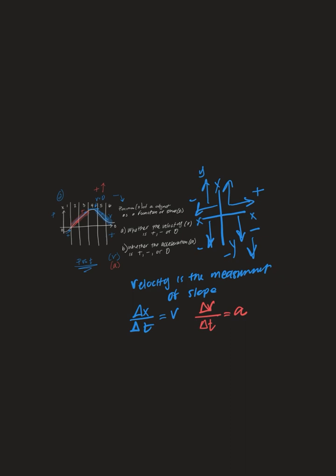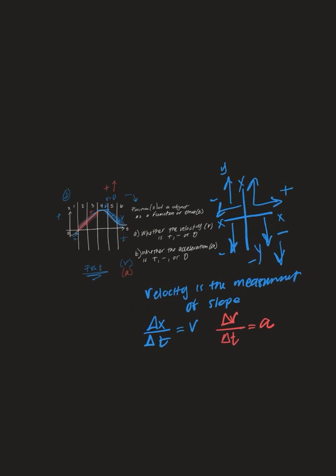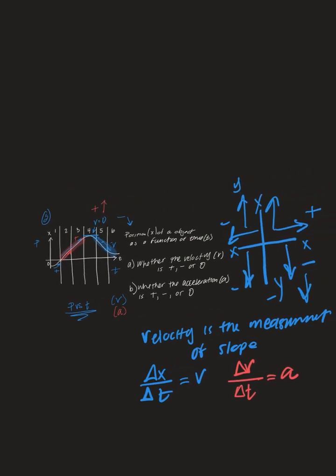Well, we know that A is false because in region 1, the velocity right here is going up. So in region 1, we know the velocity is going upwards, and we also know that the acceleration is also positive. So we can exclude that automatically.